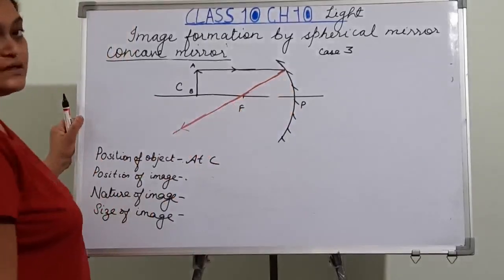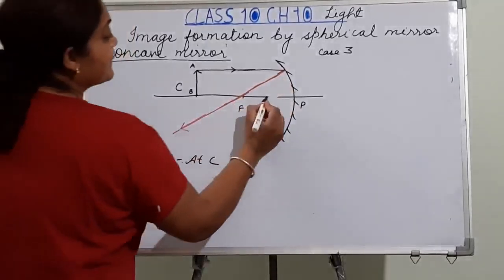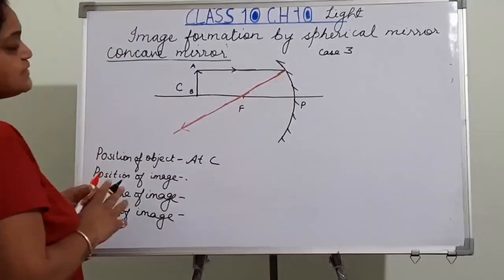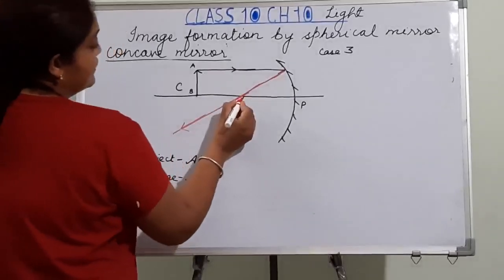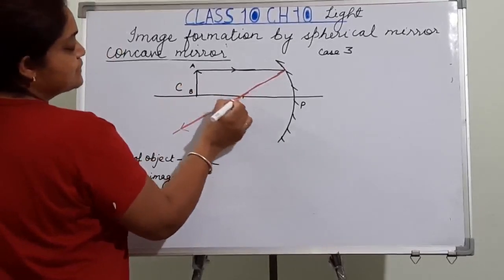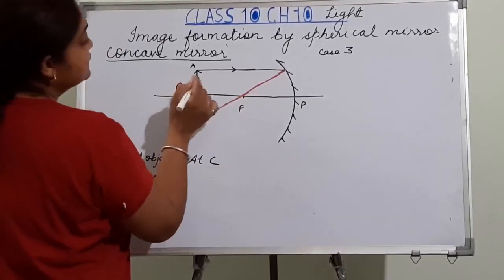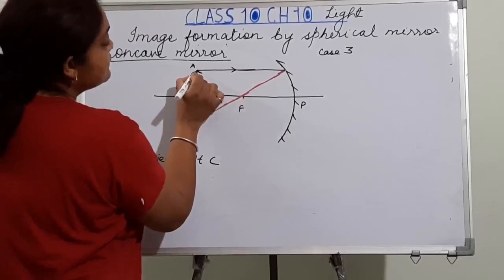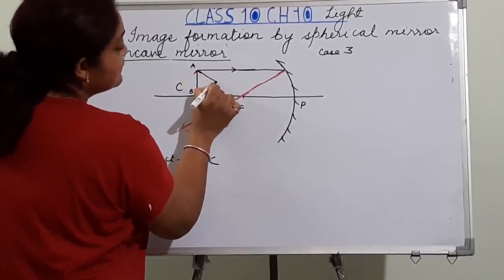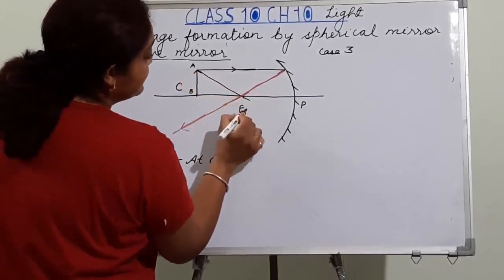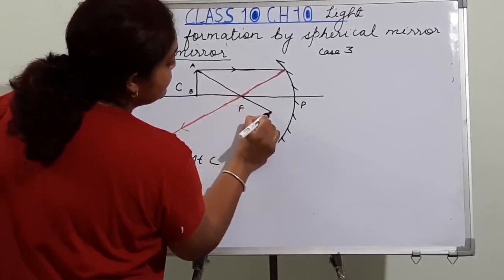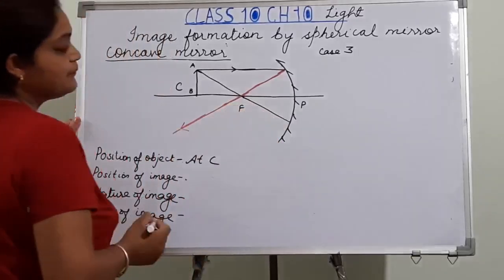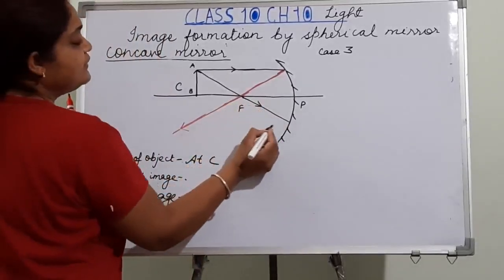This is the reflected ray. Second ray we can take passing through focus. So this is the second ray, passing through focus. This is the second incident ray.